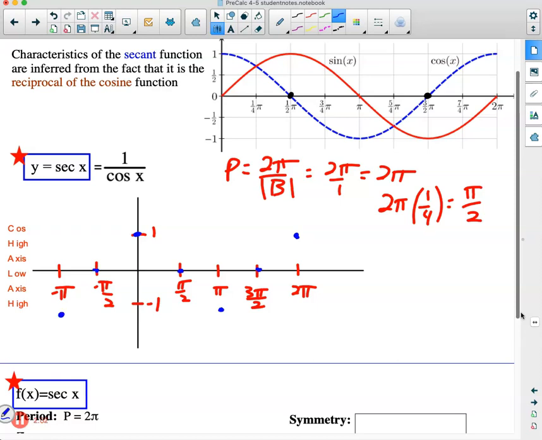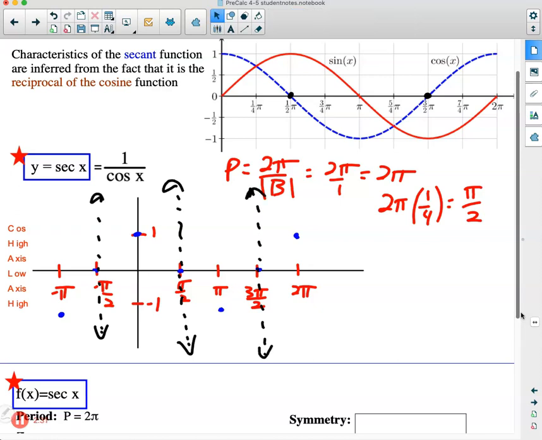And now here's where it changes. Because anywhere that our cosine graph is on the x-axis, that means y is 0. That's where those are. And so what's happening there, if we flip this cosine graph over, is there's going to be asymptotes at those positions. So we'll change colors here and get some nice asymptotes. And now we're to the point I mentioned, where what we have to do is turn this graph upside down.